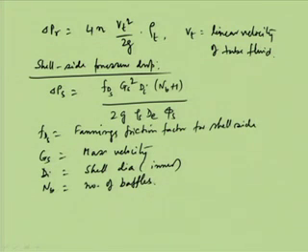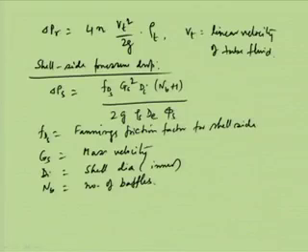So, if Nb number of baffles are there, the number of crosses would be Nb plus 1, because other than the baffles the tubes will be attached to the two tube sheets at the two ends. So, Nb plus 2, so gaps will be Nb plus 1 and those many crosses will be there, okay.